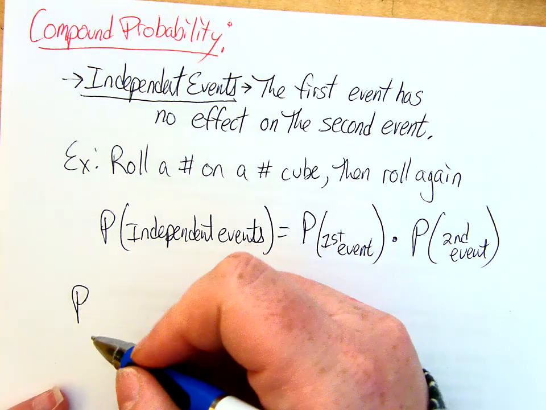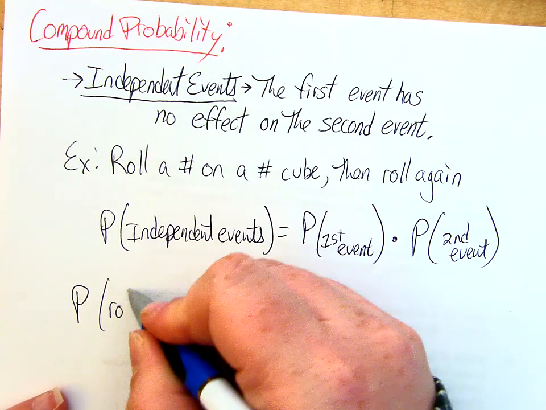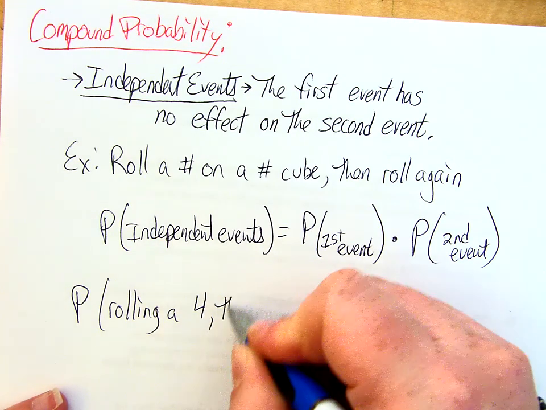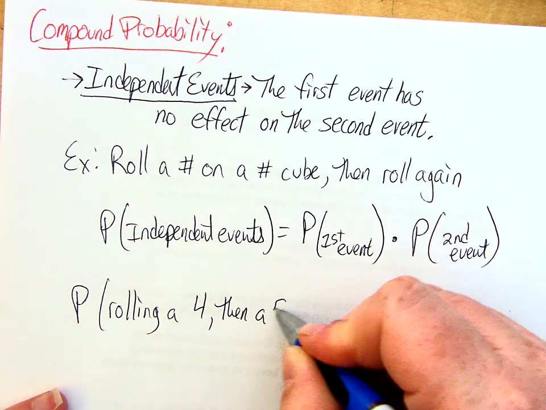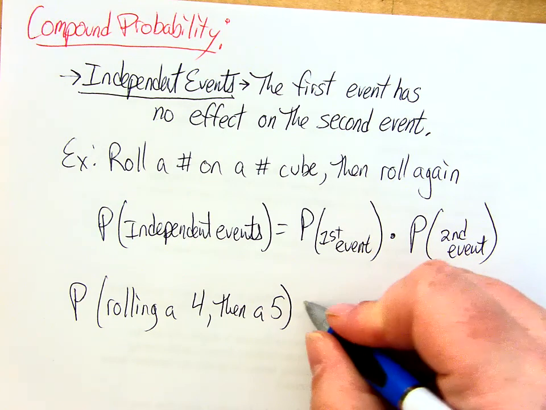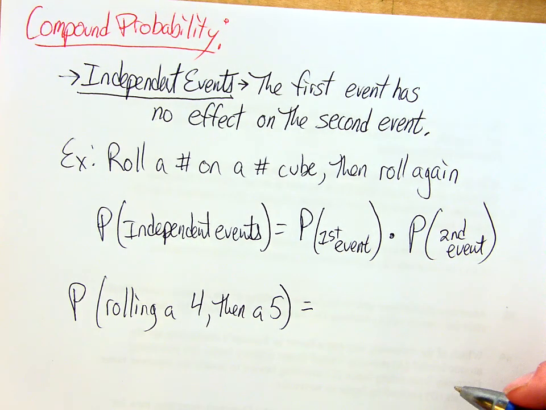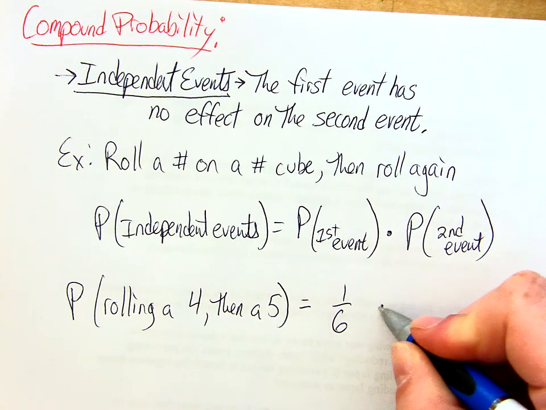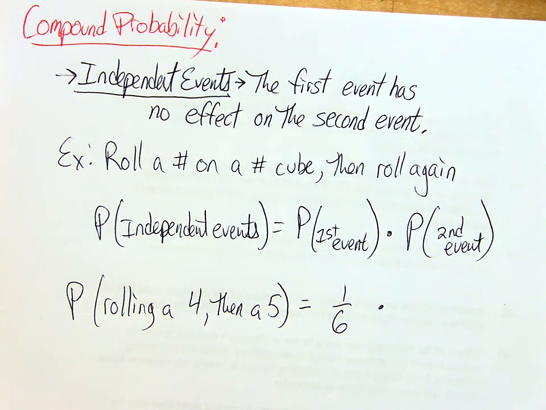I want to know what's the probability of me rolling a 4, then a 5. So let's say I'm playing some weird game, and I have to roll a 4 and then I have to roll a 5. I want to know what are the chances that this is actually going to happen. Well, what's the probability of you rolling a 4? 1 out of 6. What's the probability of you rolling a 5?